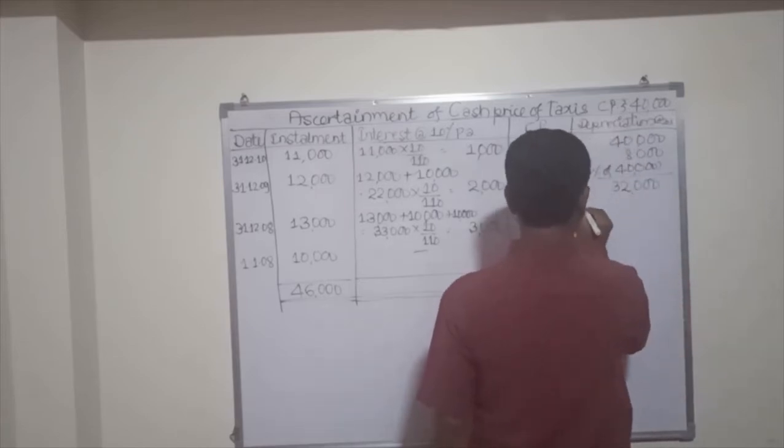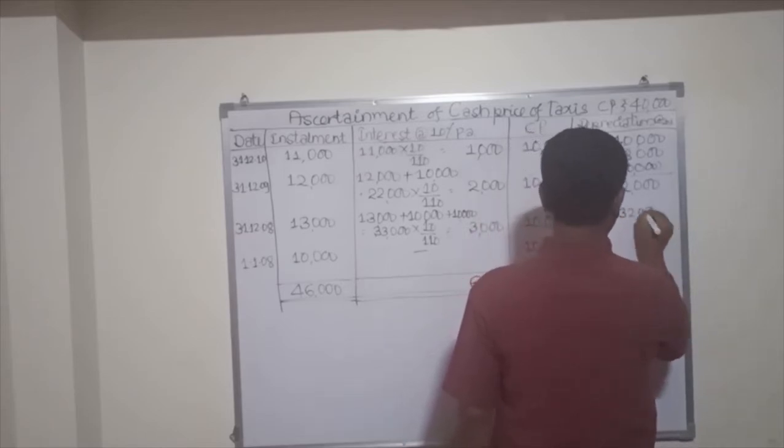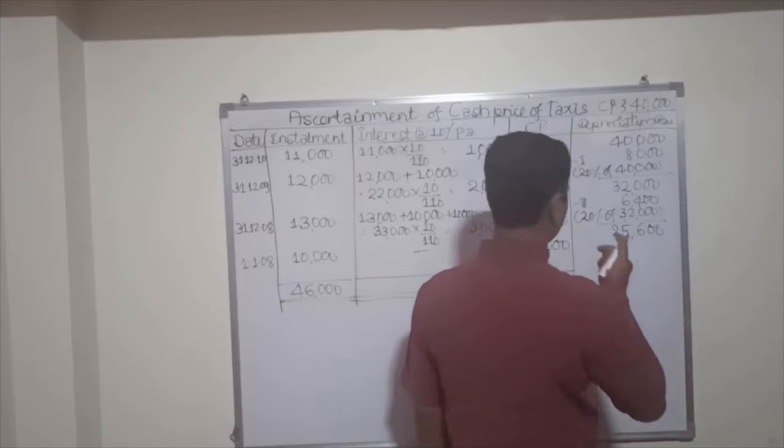Then second year, again 20% of 32,000, which comes to rupees 6,400. When you subtract here, we get 25,600.